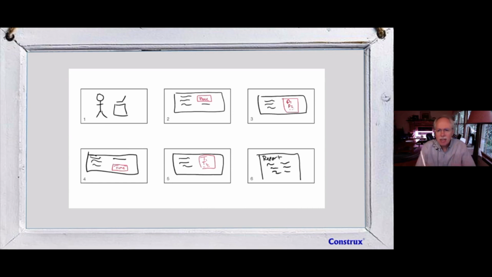You can see in my example here, each of these slides is hand-drawn really quick to say, here's the idea. You walk up to the terminal, and then you see a new dialogue about place. You click on it, all the places show up in a list. And then after you select one of those, you see a dialogue about time, you select all the times, and then we can generate this report to you about the places and times. Off you go, right? So a narrative in a storyboard.